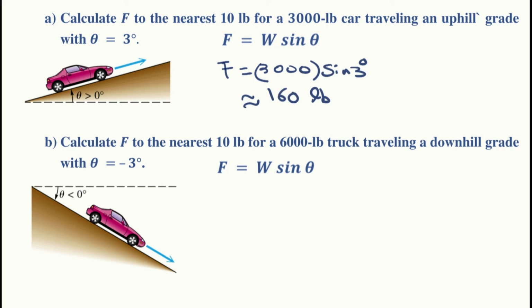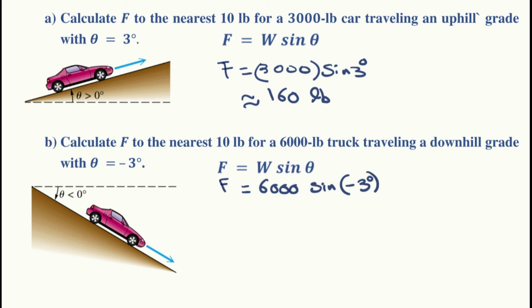All right, so let's go ahead and figure this next one as well. Calculate F to the nearest 10 pounds for a 6,000 pound truck traveling a downhill grade with theta equals -3 degrees. Of course, we don't have a truck here. Just imagine that's a truck. So we get 6,000 this time times sine of -3 degrees.